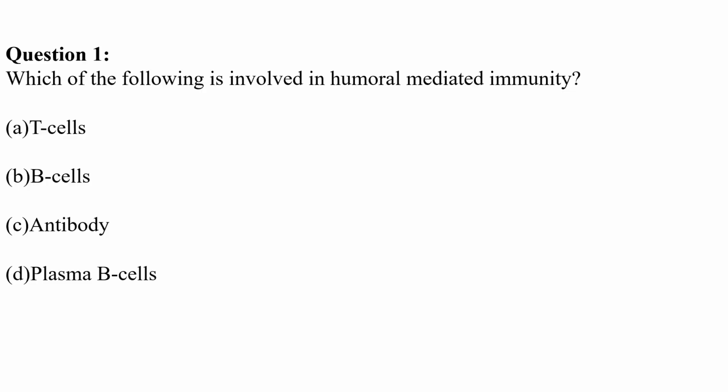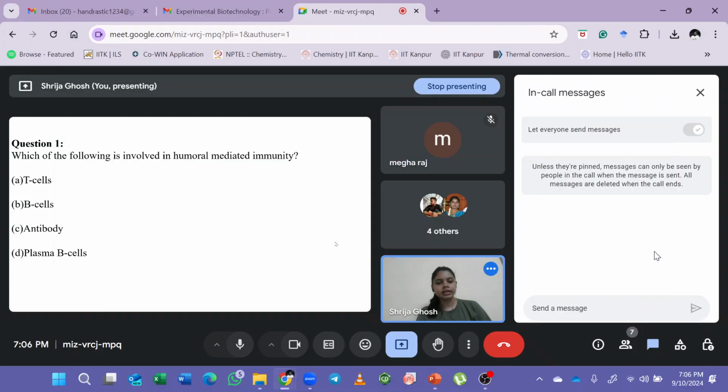So starting with the first question, question number 1: which of the following is involved in humoral mediated immunity? Option A, T cells; option B, B cells; option C, antibody; and option D, plasma B cells. Which of the following is involved in humoral mediated immunity? Anybody knows the answer for this? If you already know the answer, you can write in the chat box, and then we can have a discussion if you are right or wrong.